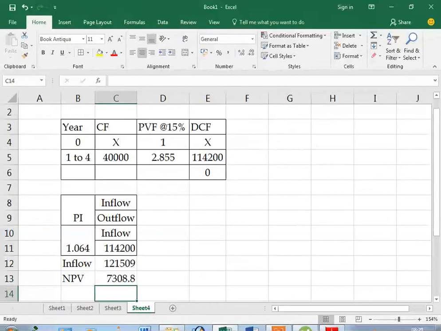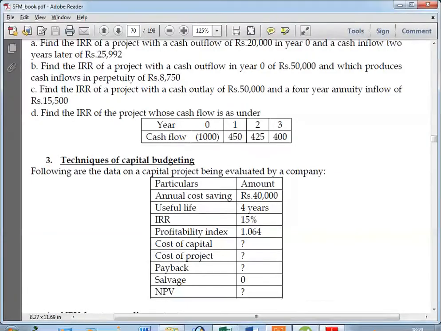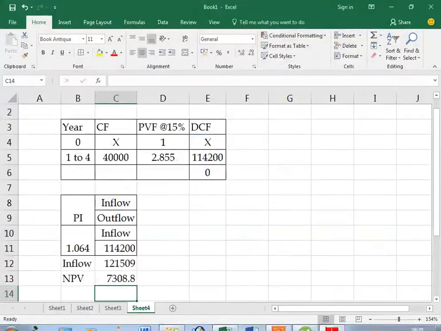Can you proceed? What other thing is asked in the question? Cost of capital I'll come to in some time. Payback, can you do year, cash flow, PVF, DCF and calculate payback? It's payback, not discounted payback. So normal payback. Year, cash flow, cumulative cash flow.